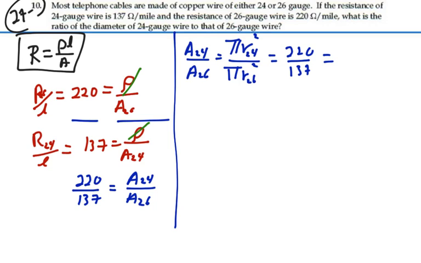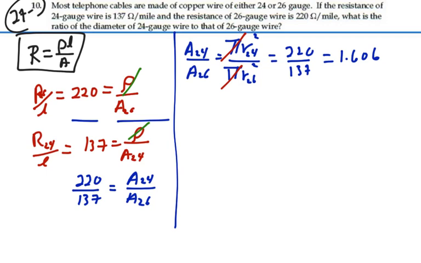So what is that? 220 divided by 137 is 1.606. Alright, in this equation, the pi's cancel out, and so we have the radius of the 24 gauge to the 26 gauge squared is 1.606.